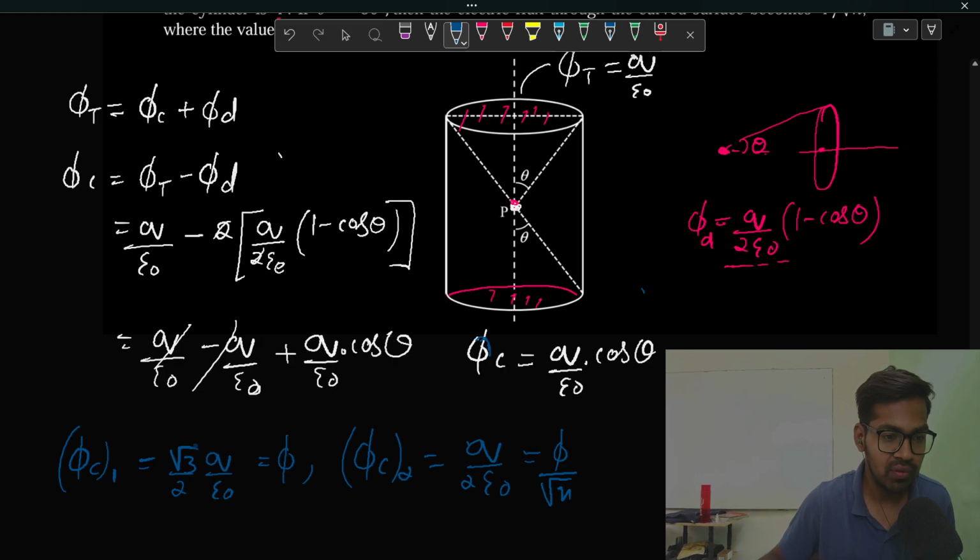Just divide these equations: phi divided by phi by root n will be equal to root 3 by 2 q by epsilon naught divided by q by 2 epsilon naught, and all the rest cancels out. The root n will be equal to root 3, so the value of n will be equal to 3.